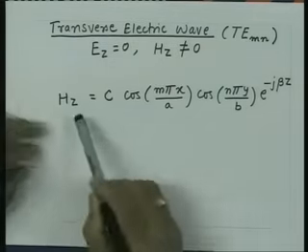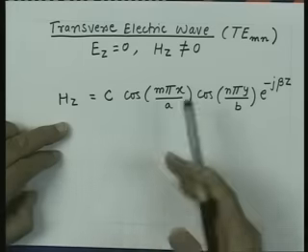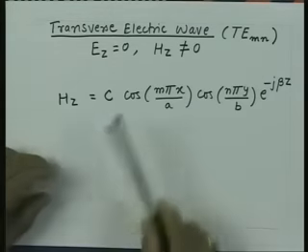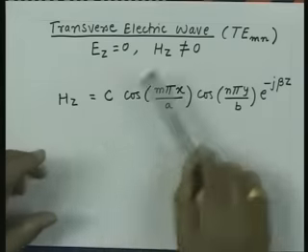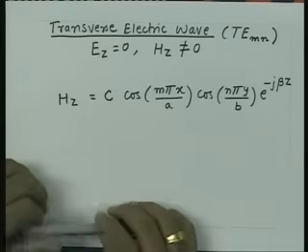I had also mentioned that this expression can be obtained again in a routine fashion. That means, you take this condition, substitute into the wave equation, solve for wave equation, get a general solution, find out the transverse component, match the boundary condition, and you will get the expression for the longitudinal magnetic field.